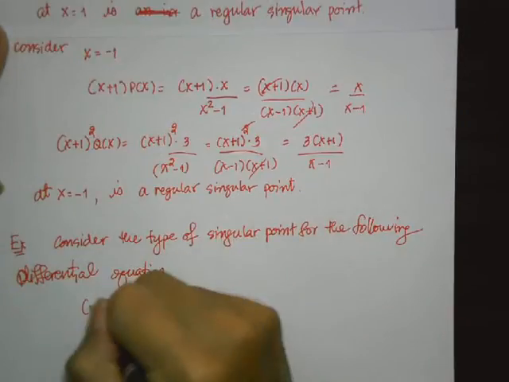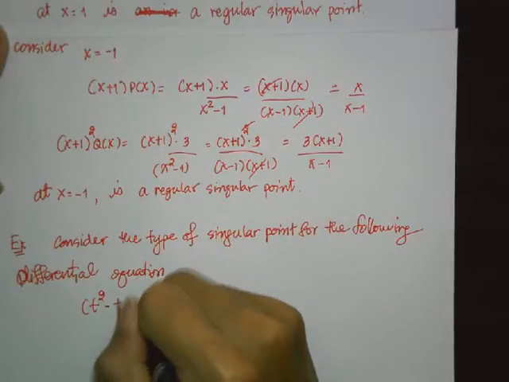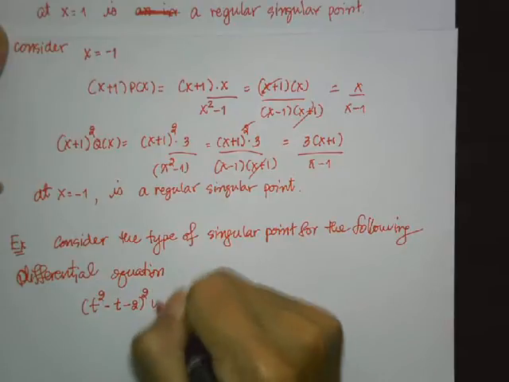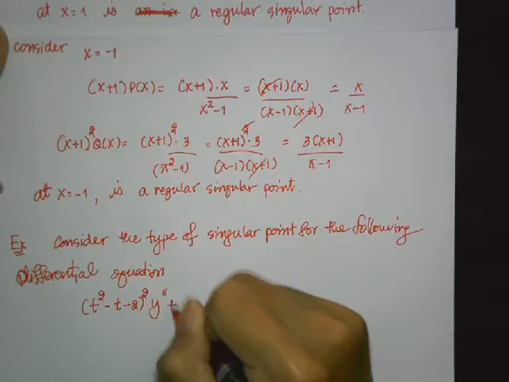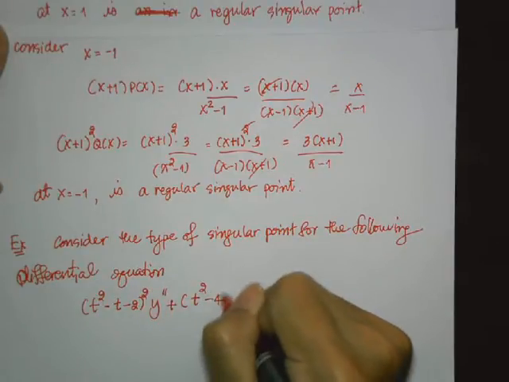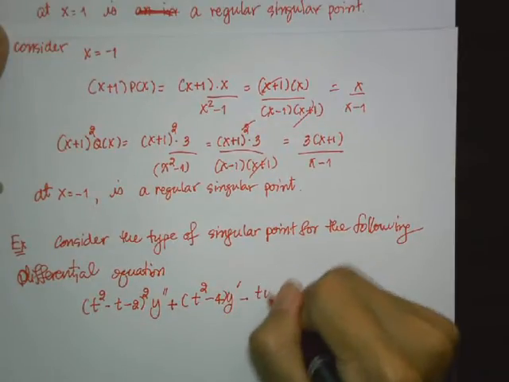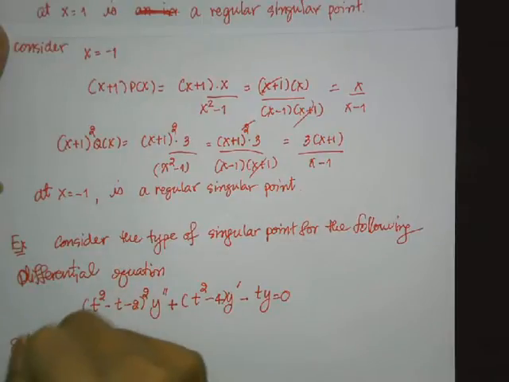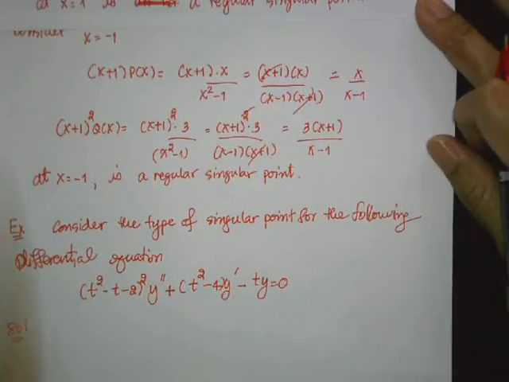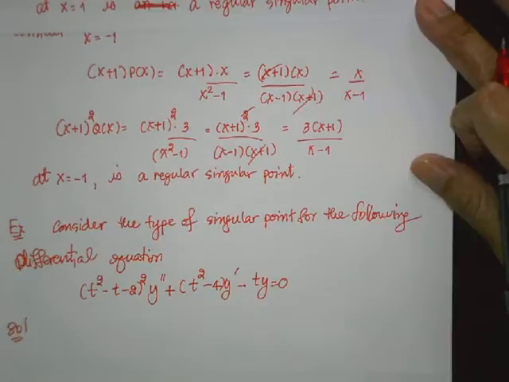t square minus t minus 2 square, second derivative. Consider the type of singular point for the following differential equation.